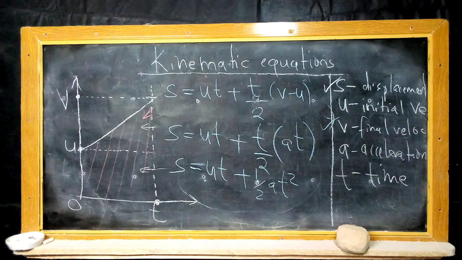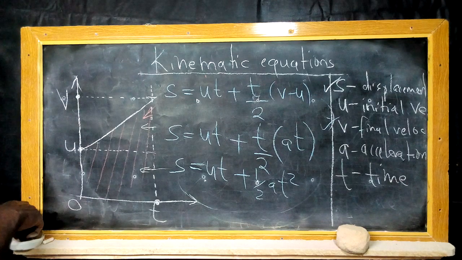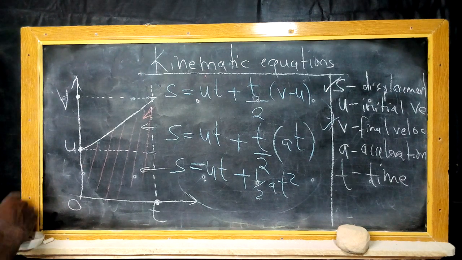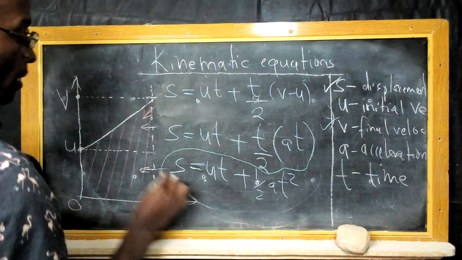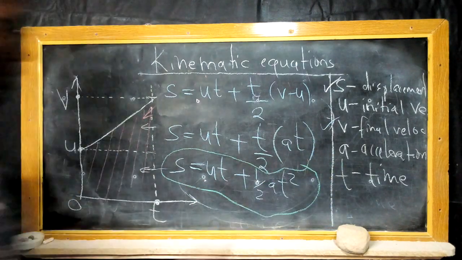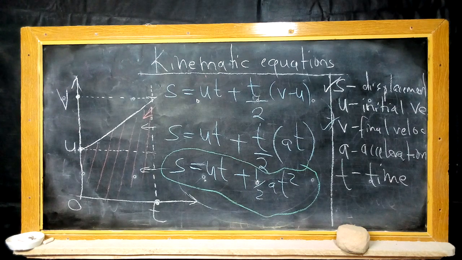So this is our second way of representing displacement. This will give us a third kinematic equation, apart from the first one that we had seen. This equation, of course, will be our third kinematic equation, which we were supposed to derive.